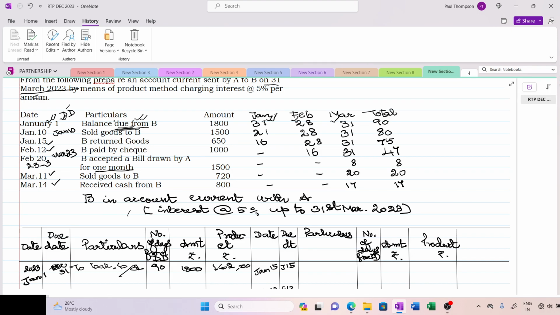This is the number of days due. This one and this one. I'll write here. Suppose this is your column number 1, 2, 3, 4. This is column number 4 and this is column number 5 and this is 4 into 5. Column number 4 into 5.